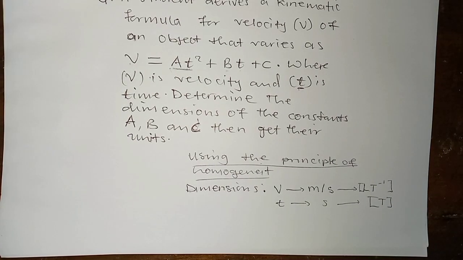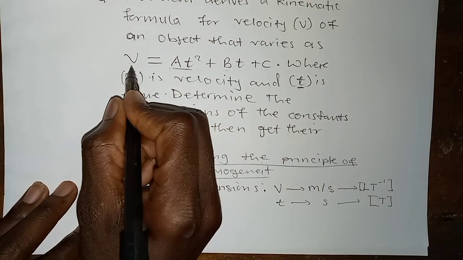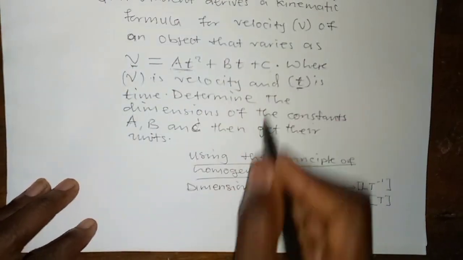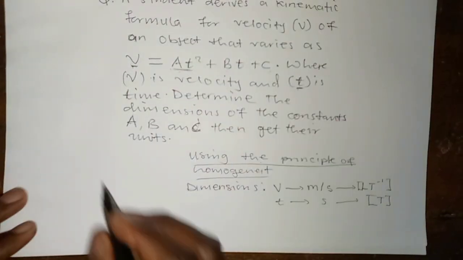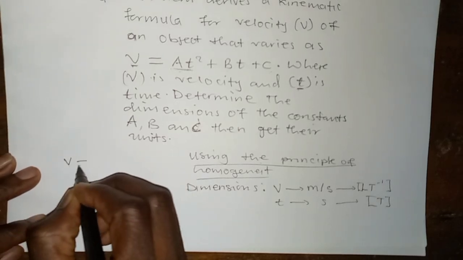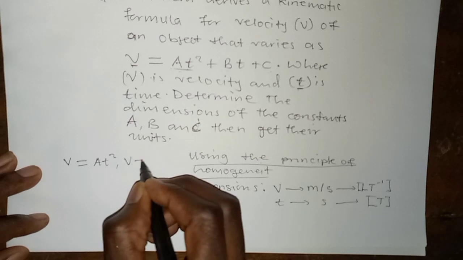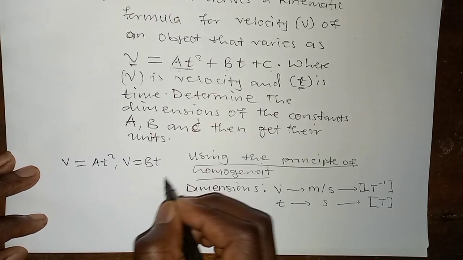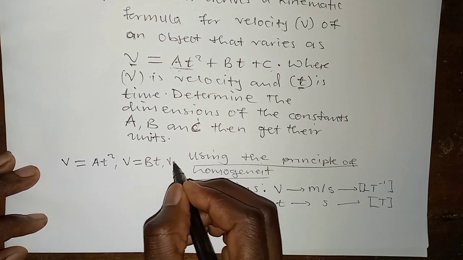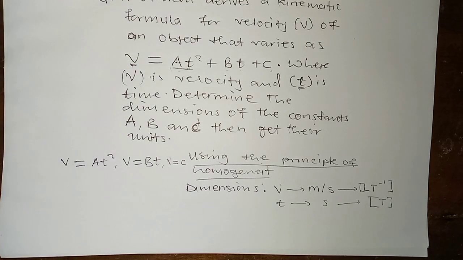Now, if you are applying the principle of the argumentative rule, we always equate the dimensions to all the quantities on the right hand side. How? We are going to have v equal to a t square, v equal to b t, and at the same time v is equal to c.